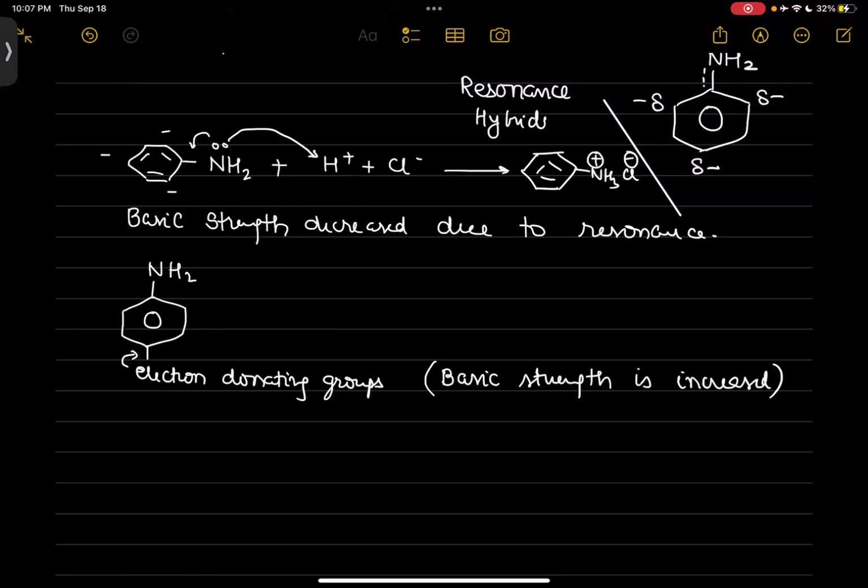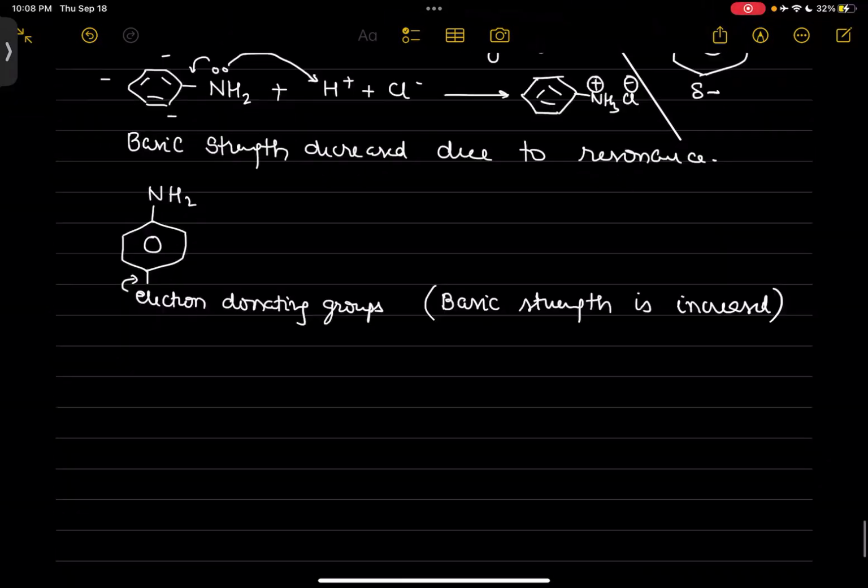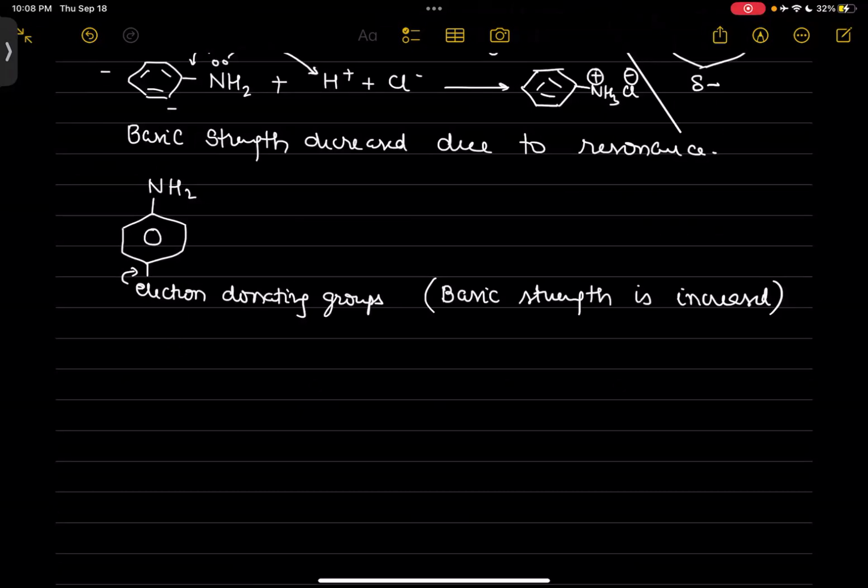Is it clear? And if you have an electron withdrawing group, which can take electrons further away from the benzene ring... the electron donating groups are like OH, the lone pair containing group, OCH3.